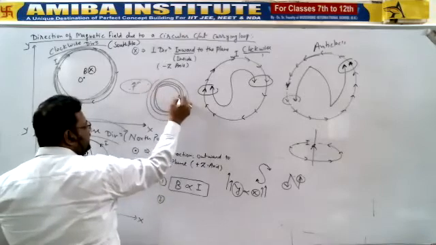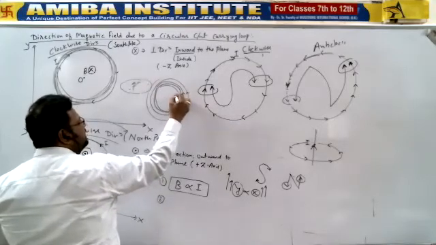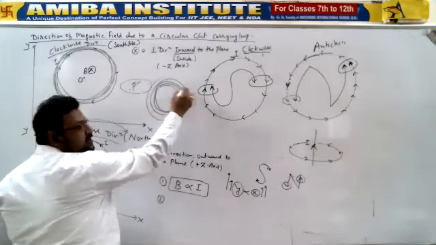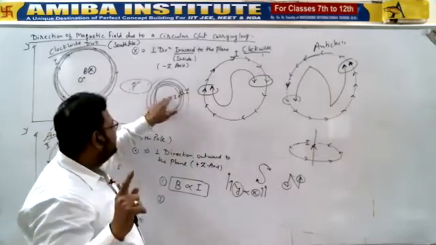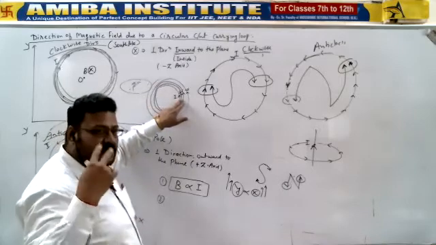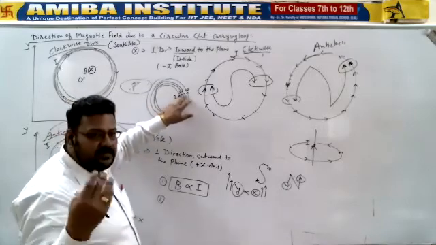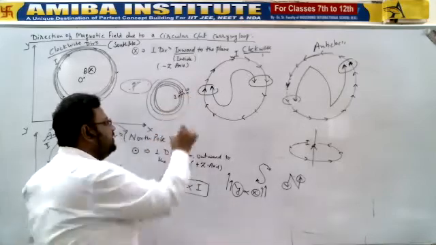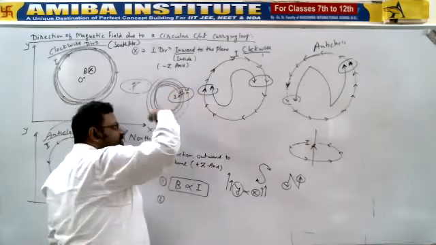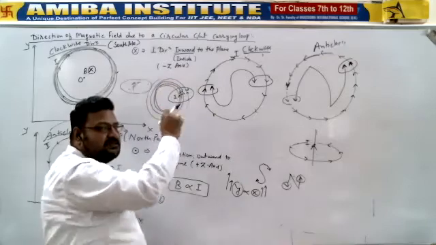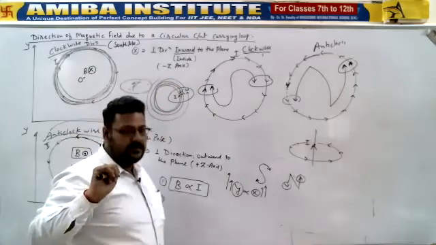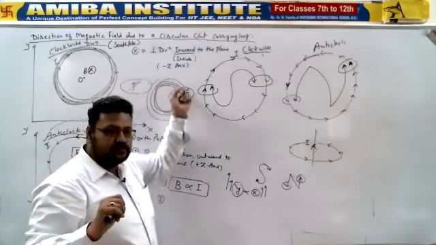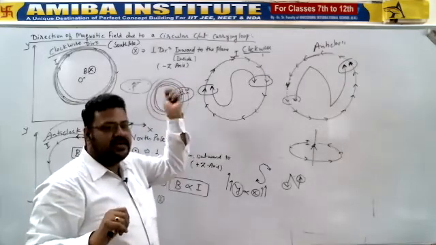Since in each turn the same current I is flowing, with respect to one loop, if one B is there, then with respect to the second loop another B will be there, third loop another B, fourth loop another. So overall, we can think this whole system is made up of 4 turns as a single 4I. As the current effectively increases because of so many turns, the magnitude of magnetic field also increases.